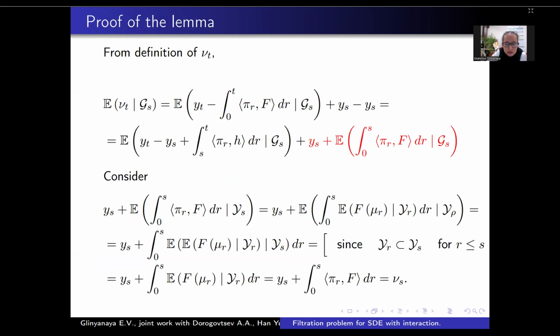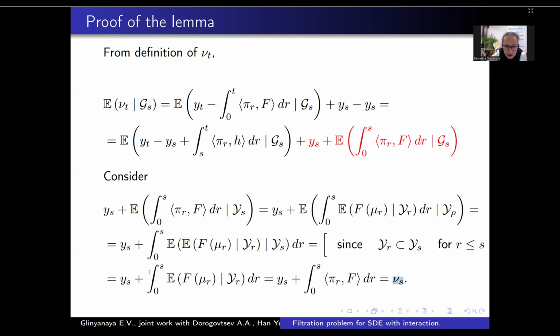Here G is the sigma algebra of Y. We just need to prove that nu t is a martingale, and to do this we add and subtract the value at point s, and we split the integral from 0 to t into two parts, from 0 to s and from s to t. Now we consider this red part.